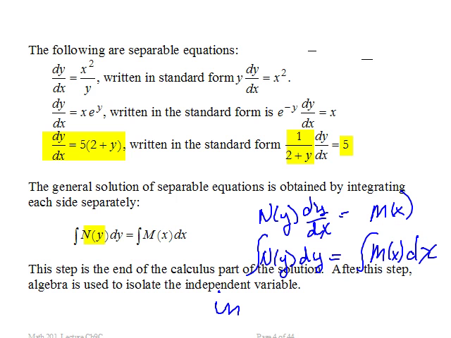These are indefinite integrals. Once you have done this integration, you are done with the calculus part of finding the solution. After this, you only need to use algebra to isolate the dependent variable.